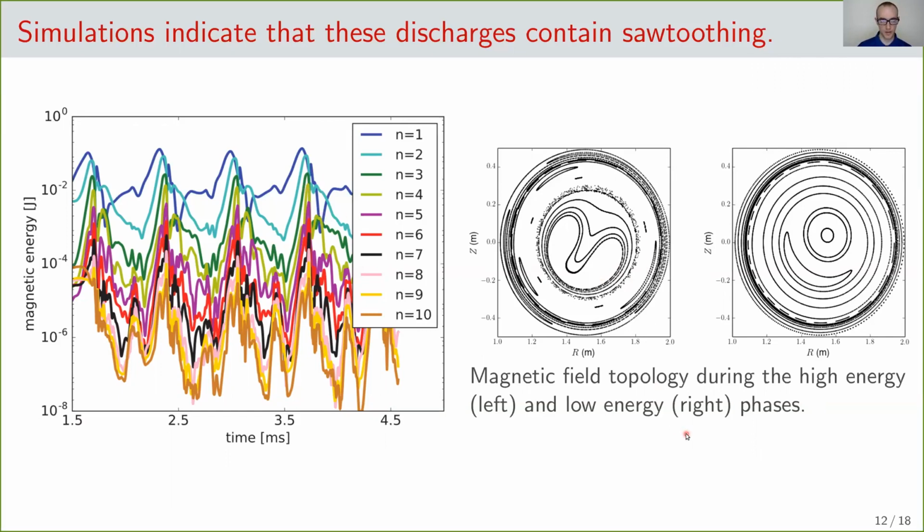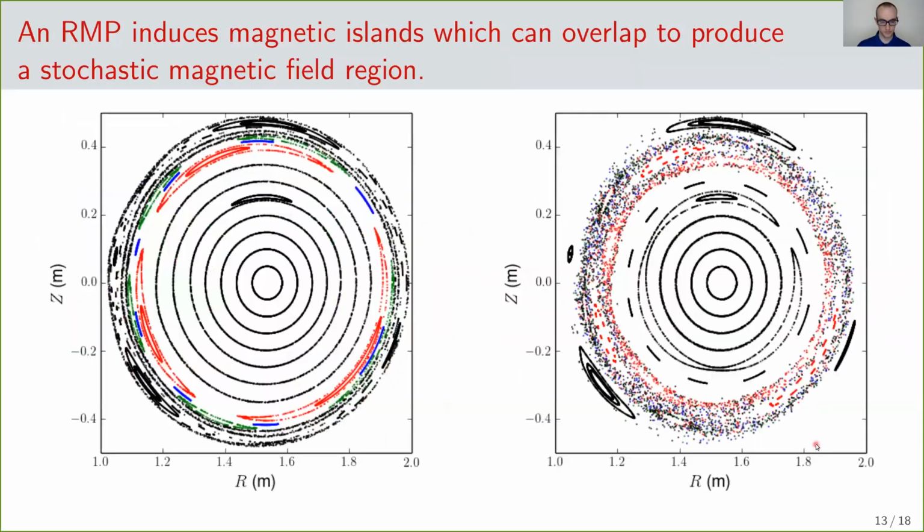And so there's this cyclic nature of growth and relaxation. You can see the reorganization of the magnetic fields from this process.